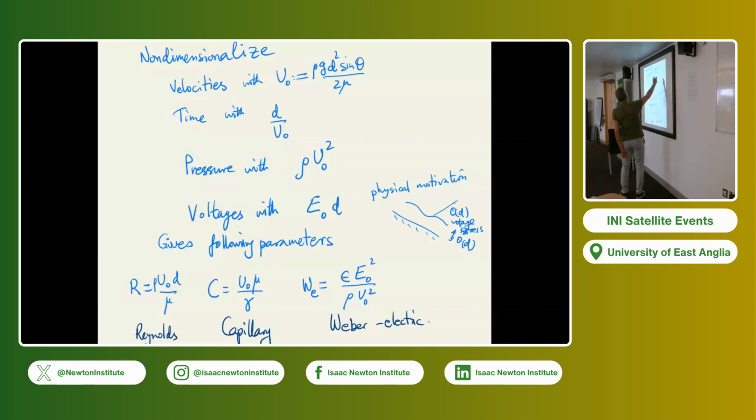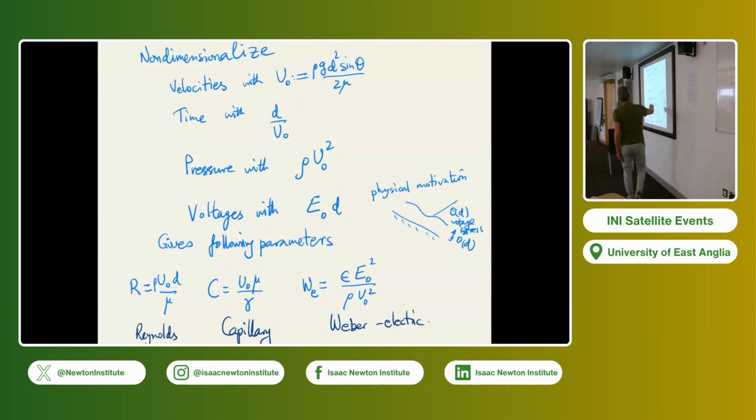So let me non-dimensionalize. There's a natural scale for velocities because I have gravity driving things, right? So this is a good velocity scale. Time is then going to be d over u, right? So u0 is given here. D is the only other scale I have, really, right?